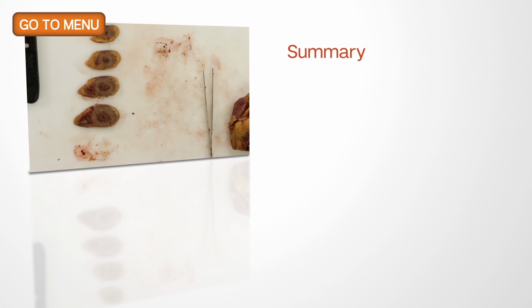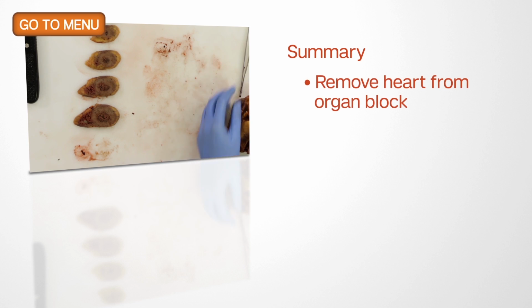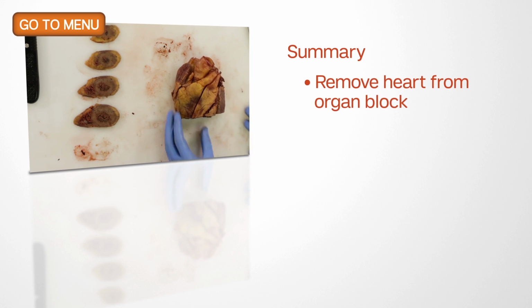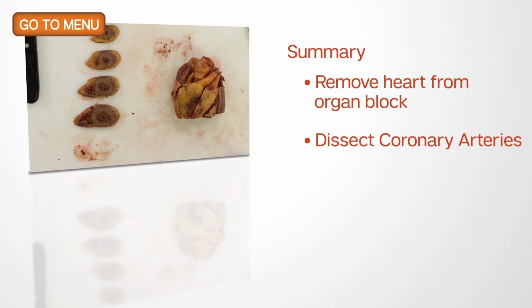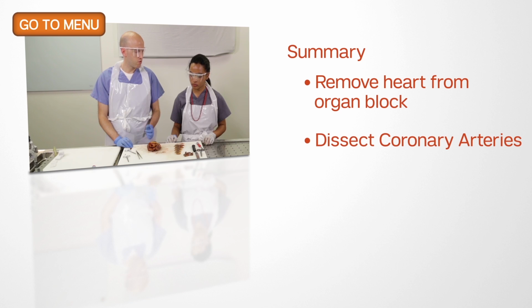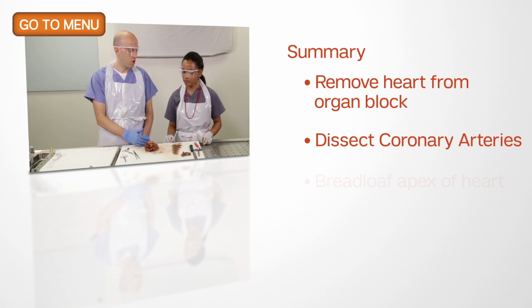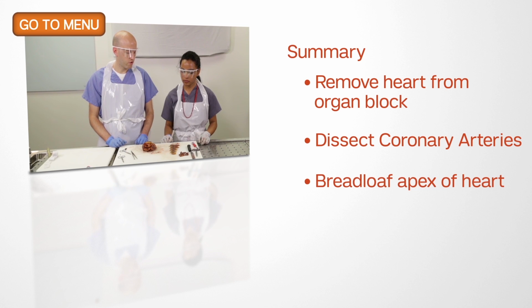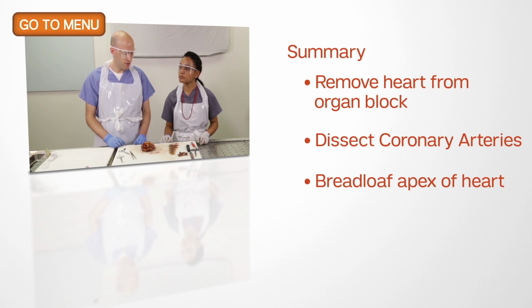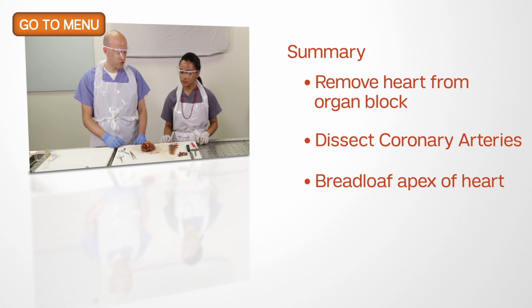So to summarize the dissection of the autopsy heart, we remove the heart from the rest of the organ block. We remove the coronary arteries. We section through them to make sure there was no acute thrombus or significant stenosis. We bread loafed the apex of the heart, looking for any evidence of myocardial ischemia or other focal lesions.